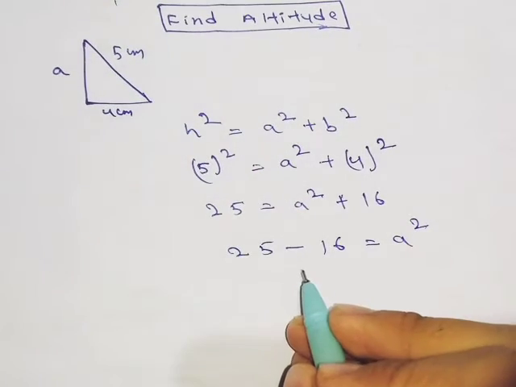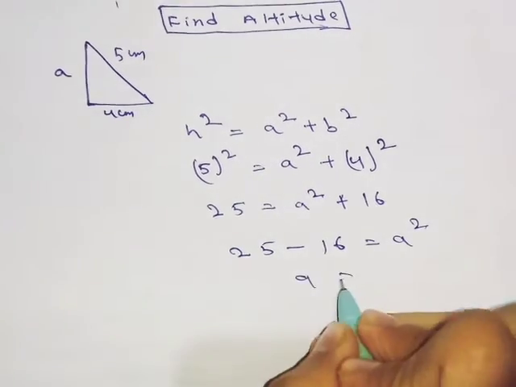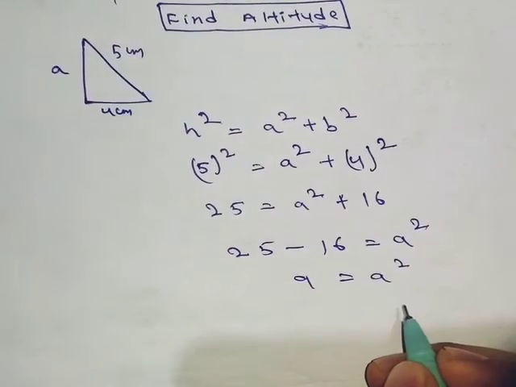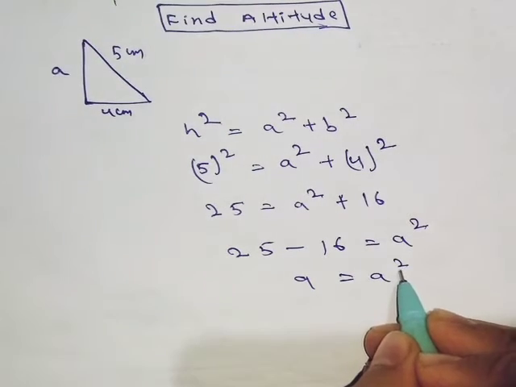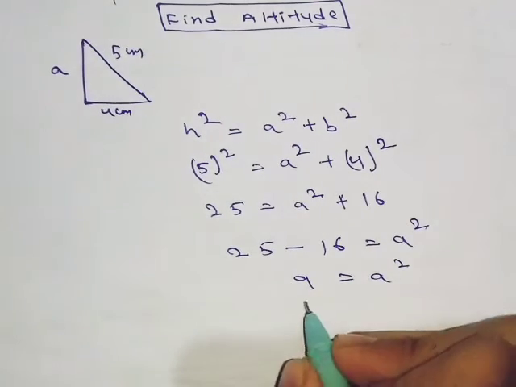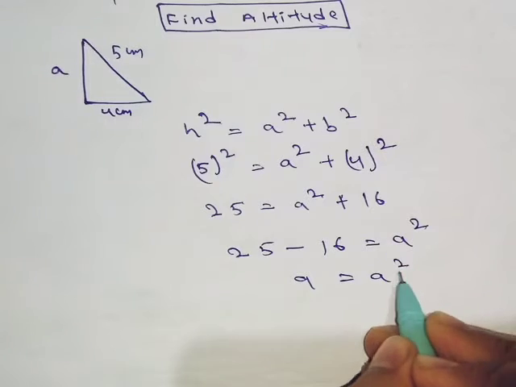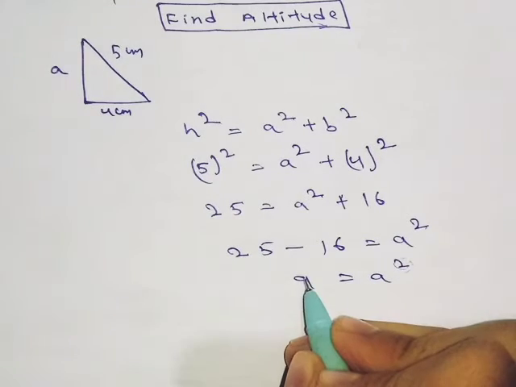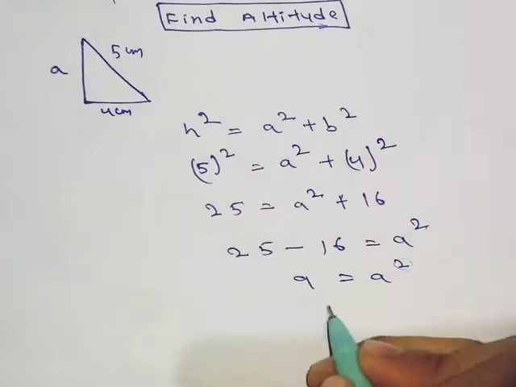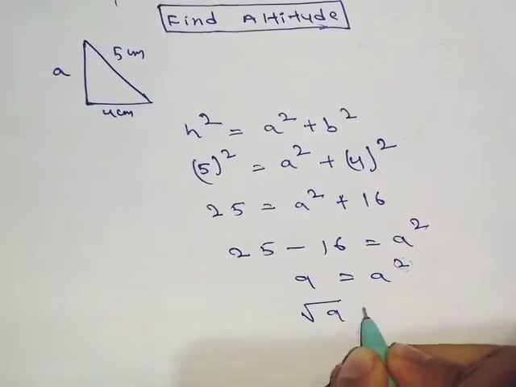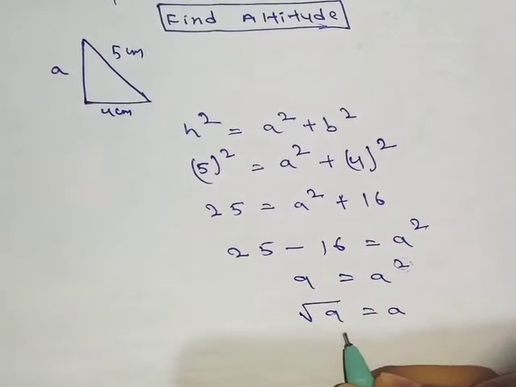Now 25 minus 16 is 9, altitude square. Now when this square changes its side, it will become root. So root 9 is the altitude.